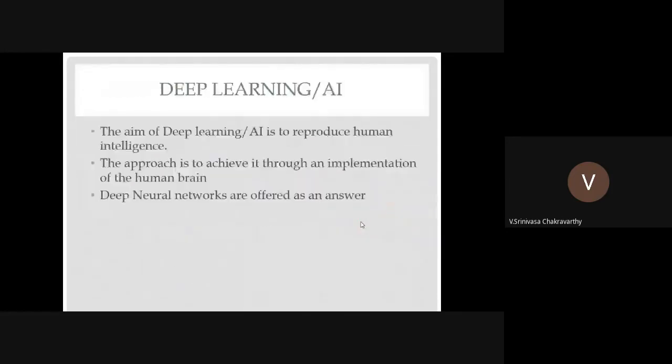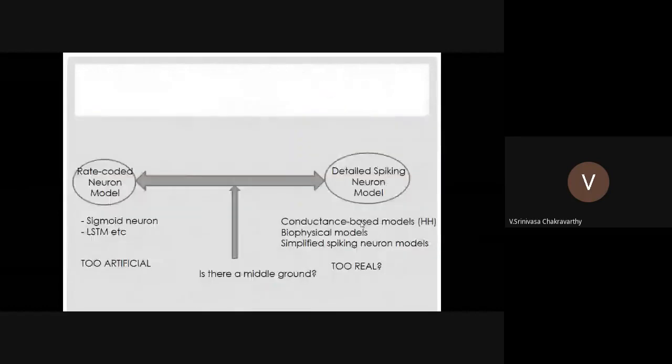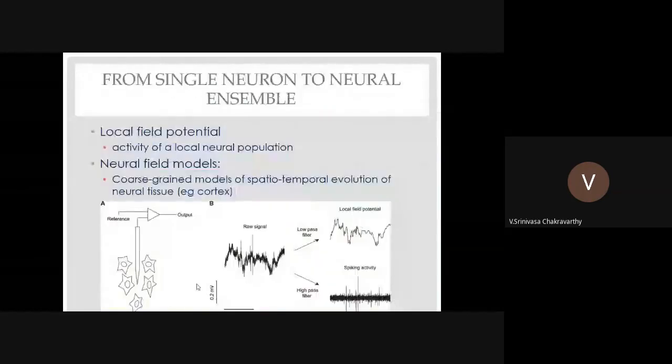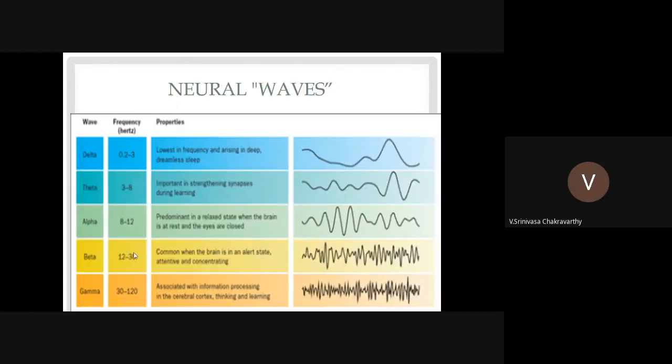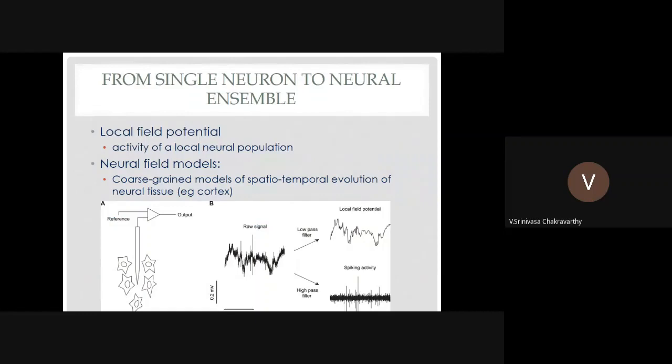But if you don't go all the way to the single cell and just poke the brain tissue with a slightly blunt, thicker electrode, because it's extracellular, it's not penetrating any neuron, what you measure here will be some kind of an average activity of all these neurons. And that signal won't look like spikes. It looks like a smaller signal like this. And that is called the local field potential, LFP.